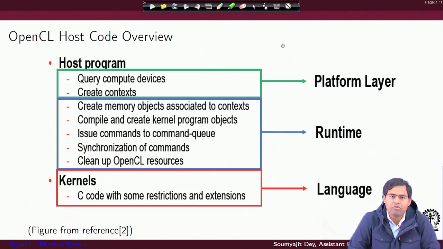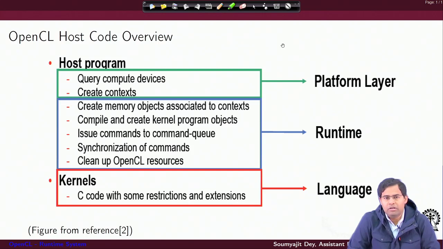So, initially you will be querying the compute devices, and based on this query you will get the result of how many compute devices are really there, what are the different vendors they come from, what is the organization of the compute device, which of them sit in the same die and all that. And based on this information of compute devices, you can decide that you will be accumulating a set of devices together to define what we call a context.